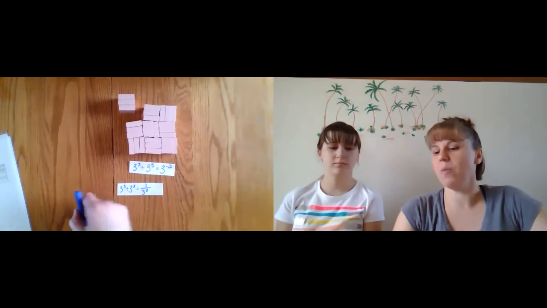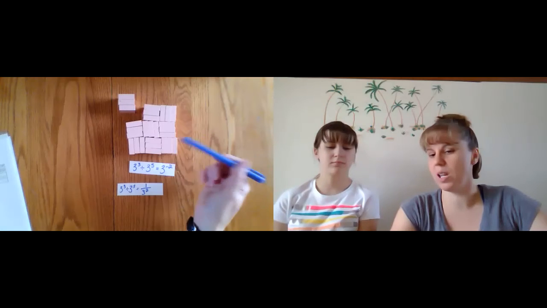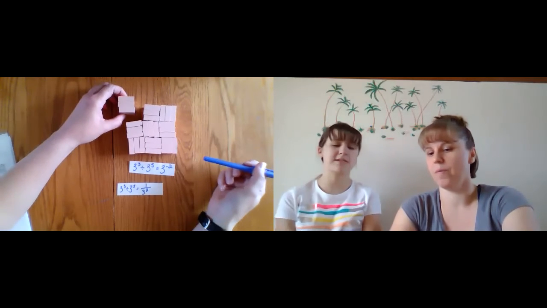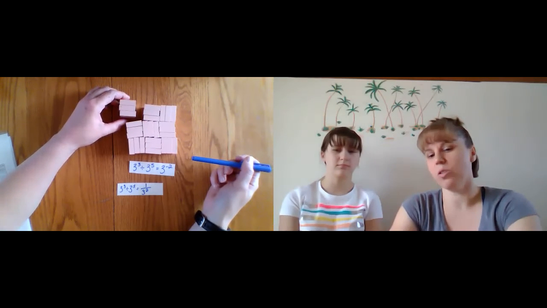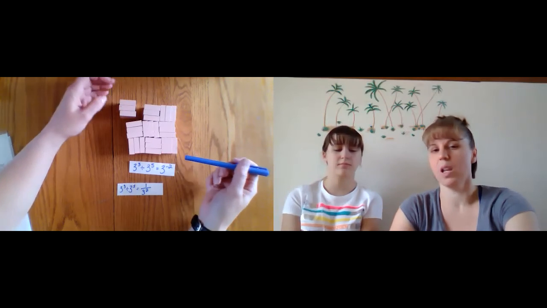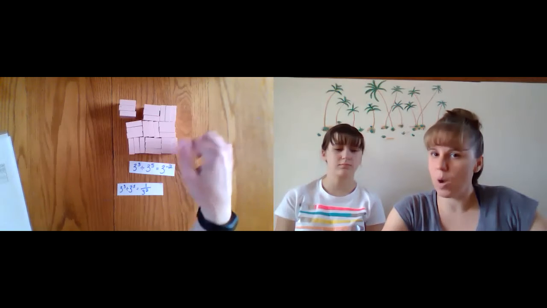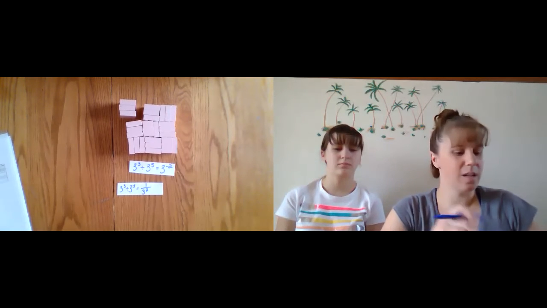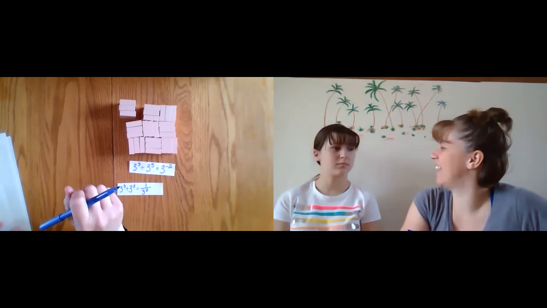So remember, how many pieces, how many squares were in our 3 to the fifth? 27. There's 27. How many 3 squares are in our 3 cubed? 3. So we're looking at 3 parts of 27 whole. What is 3 divided by 27?